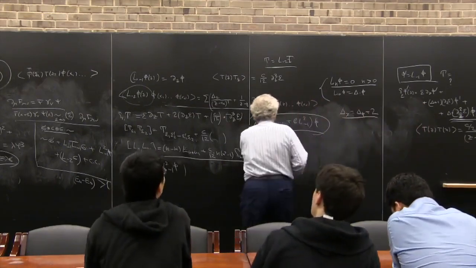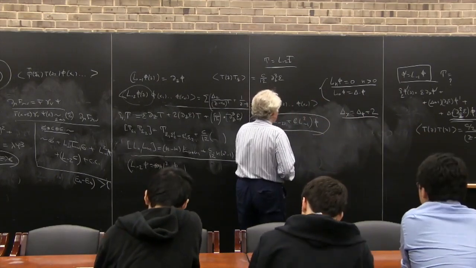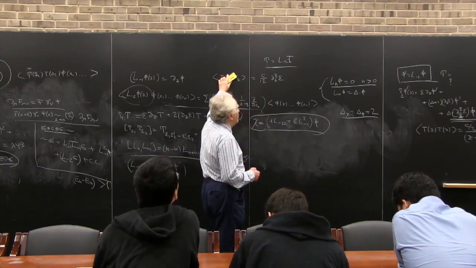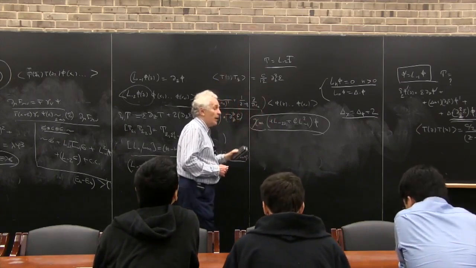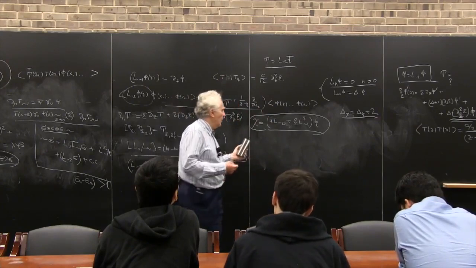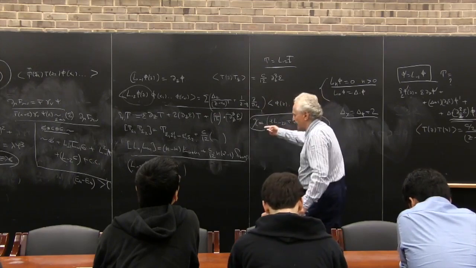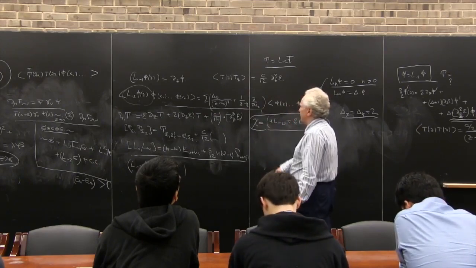First of all, we can ask whether chi by itself is a primary or not. Generally speaking, it is not. Generally speaking, it is a descendant operator, almost by definition.